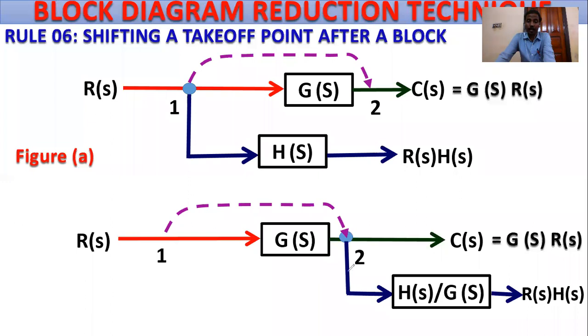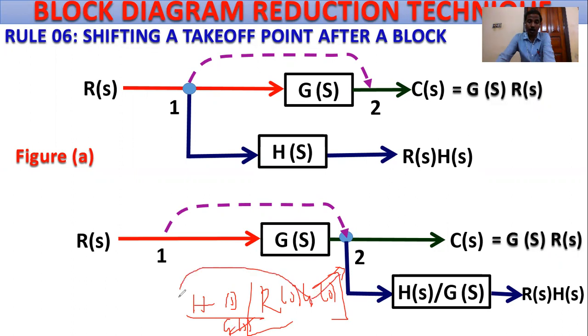Because this path, this signal R(s) into G(s), and this signal multiplied by 1 by G(s), G(s) cancels, giving R(s) into H(s). This is the output, R(s) into H(s).